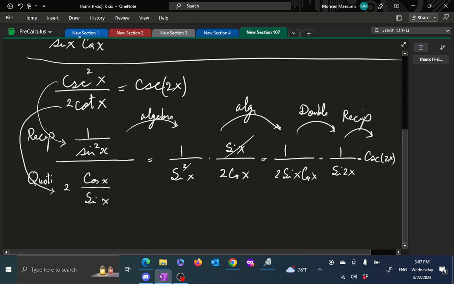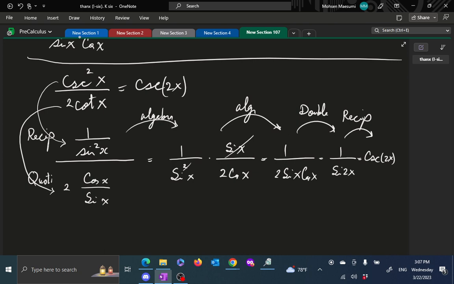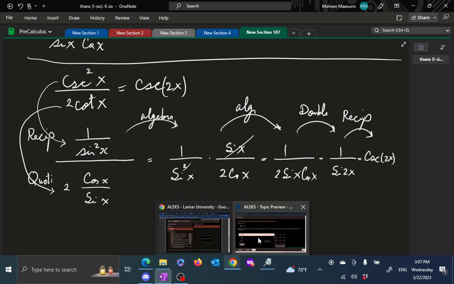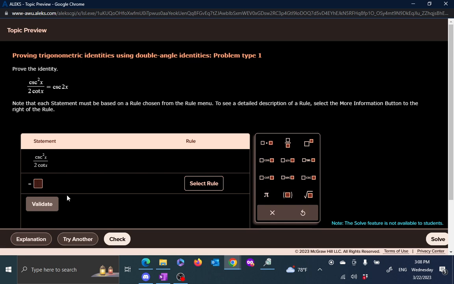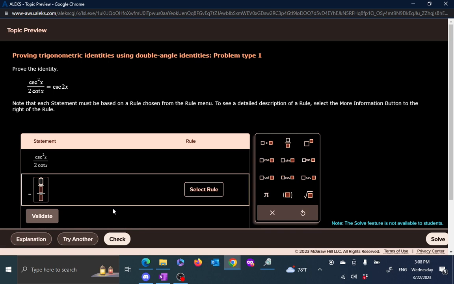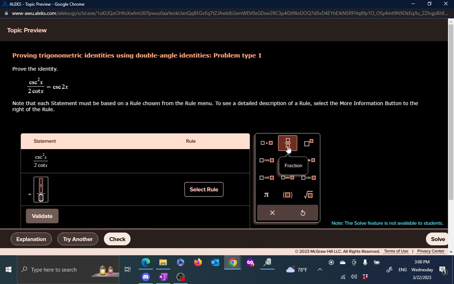So we have a map of where we are headed. And let's see if we can convince the software that we know what we're doing. So I make a fraction, and in the numerator and denominator I'll make other fractions.